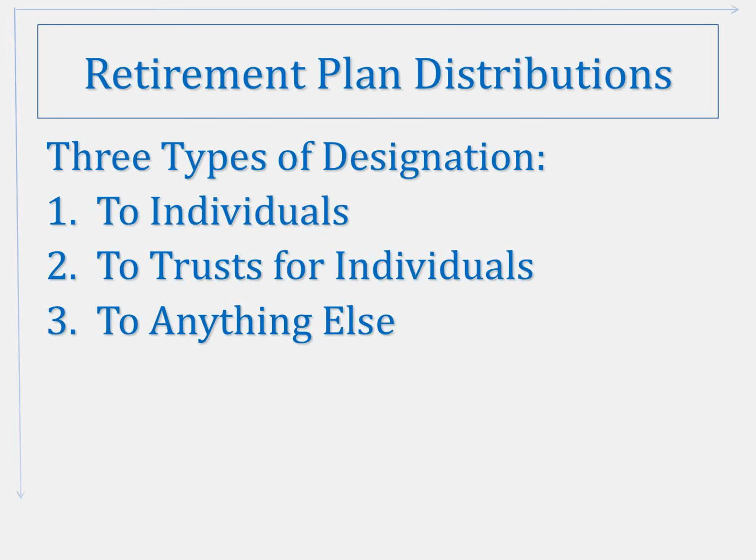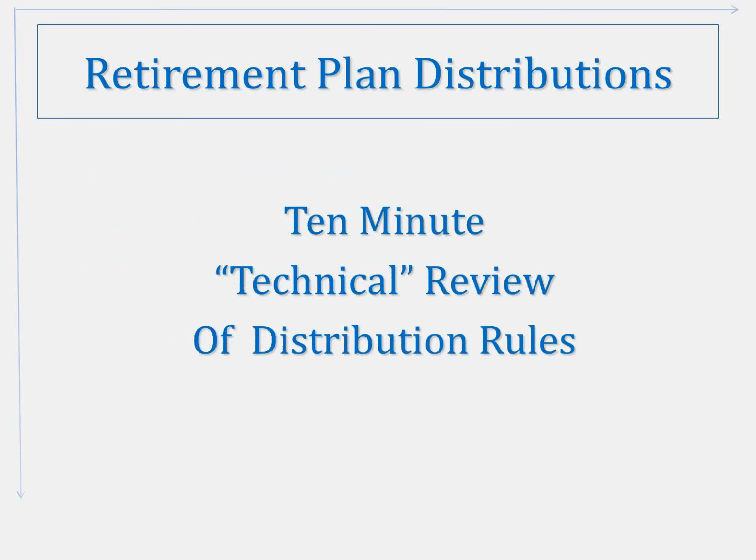So there are really just three types of designations. There are designations to individuals, there are designations to trusts for individuals, and there are designations to anything else. And by that I mean it might be charities, it might be a business entity, it might be a trust that doesn't qualify as an individual, and some other things. So we'll go over that now.